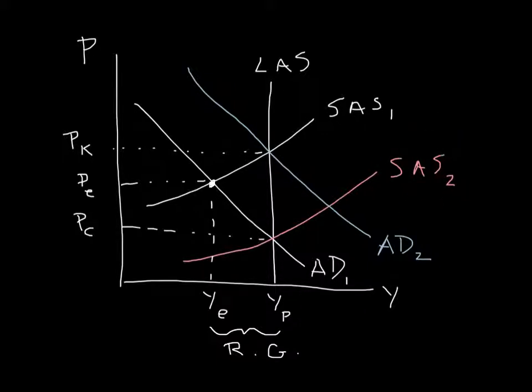And when we do that, we will then arrive, and I'll put this one in red, at this intersection right here, okay, where we are now at YP, okay, but we have a new price level. This equilibrium price level is going to be PC for the classical price level. Okay, so that is one alternative perspective.